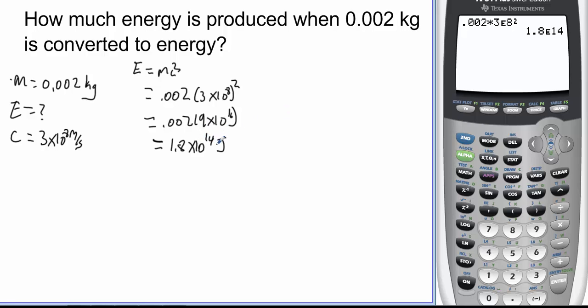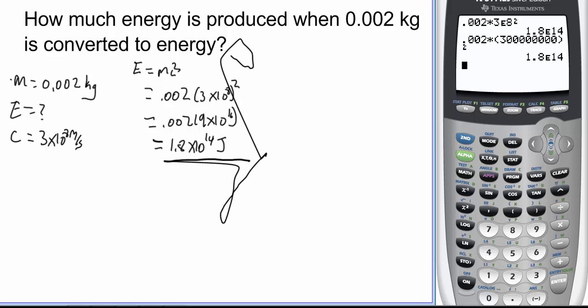Now, if you can't find that E button on your calculator, you can do this the old-fashioned way: 0.002 times, and I'm going to put this in parentheses, 3,000,000,000 (that's 8 zeros), and square that, and I get the same answer, 1.8 times 10 to the 14th joules. You can also use the power button on your calculator.